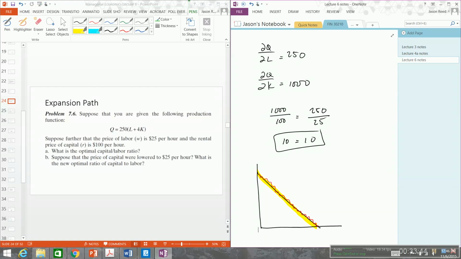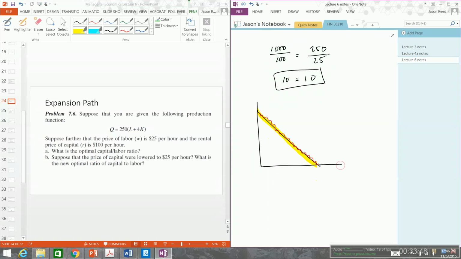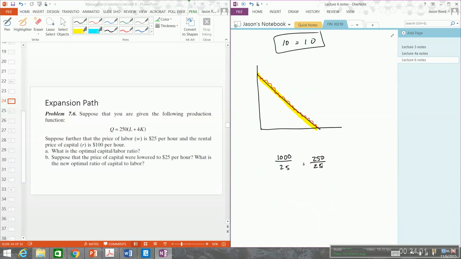The only thing that we're changing here is that we are going to now create 1,000 divided by 25 compared with 250 divided by 25. And so what we end up getting is not an equality, but we get 40 is greater than 10.